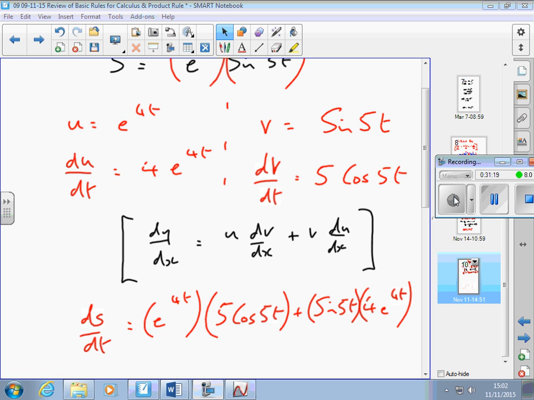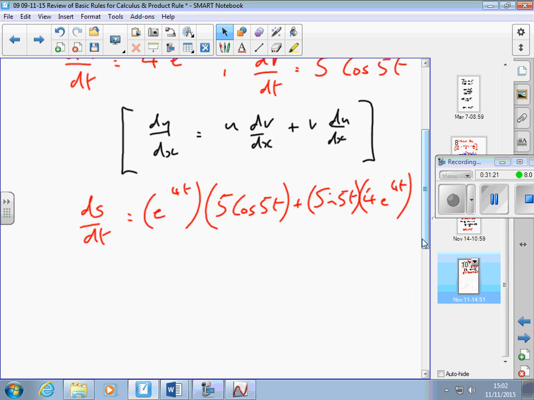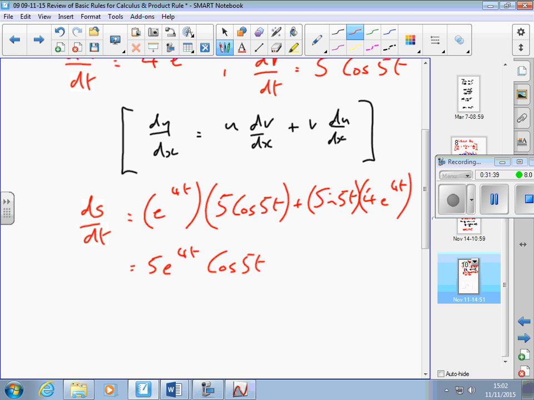What I want to do now is just tidy up. So I'm going to put numbers in front. In this one, I'll put the 5 at the beginning. There aren't any other numbers, so I can't multiply that by anything. So that's going to be 5e to the 4t cos 5t, always putting the cosine bit at the end.